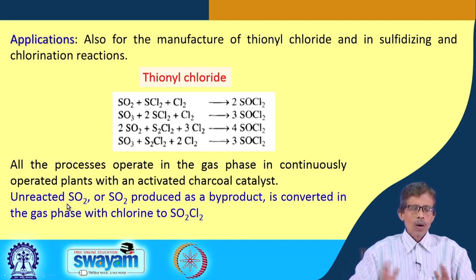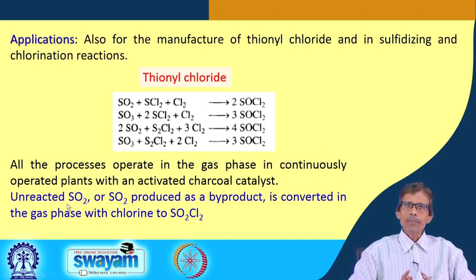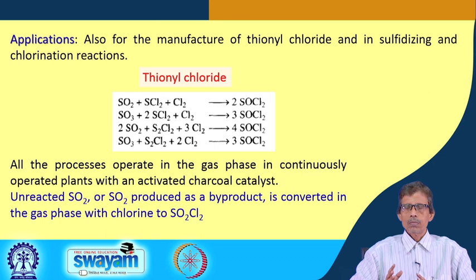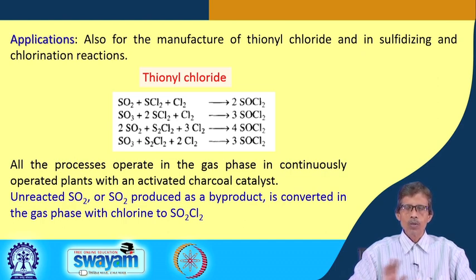So, what we can see is that depending upon the activity of that particular catalyst, we have a particular amount of conversion, where you do not expect that all the sulfur dioxide, whatever we are using in terms of molecular stoichiometry by molar ratio, is fully converted to the product side.